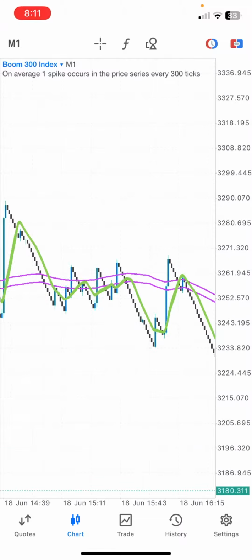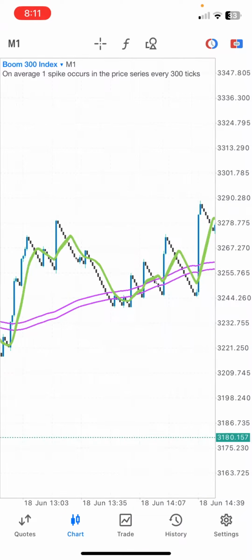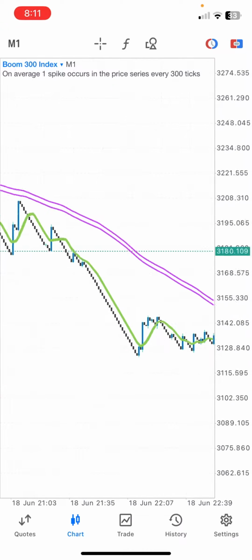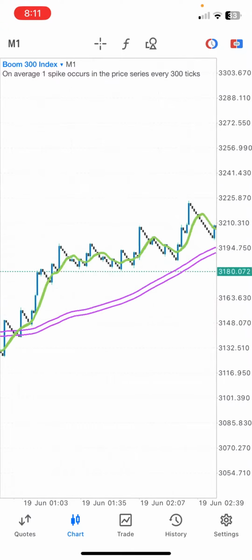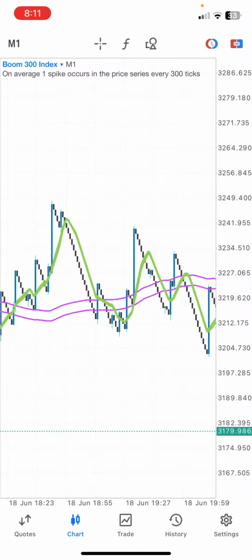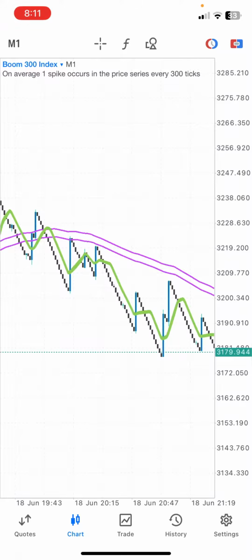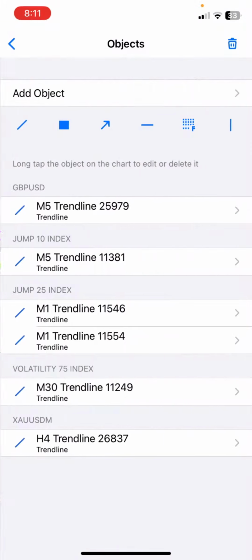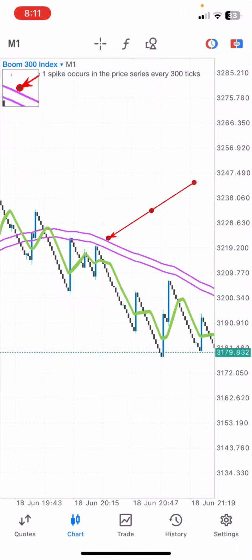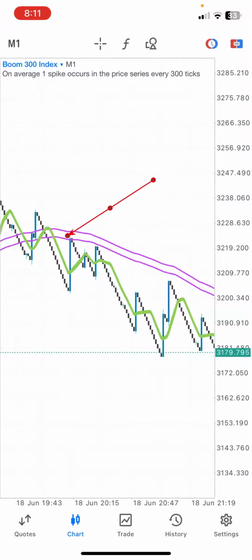The first thing to take note of before making use of this strategy is that you have to first judge your 2 moving averages right here. Remember, we are using the 1 minute time frame.